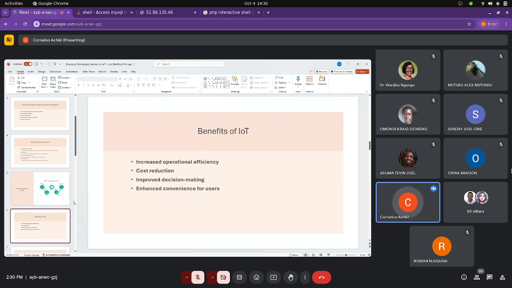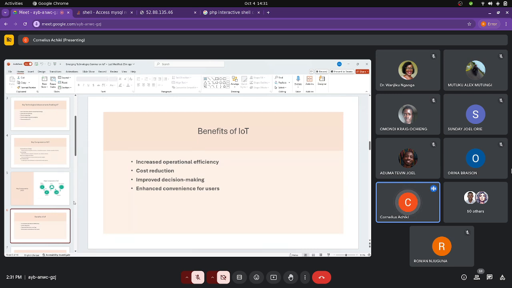If it's about looking at food security, you're able to tell that this location has this amount of rainfall, and this is the kind of crop that they need. So your decisions are going to be data driven because you're able to get real-time data and make decisions in real time.